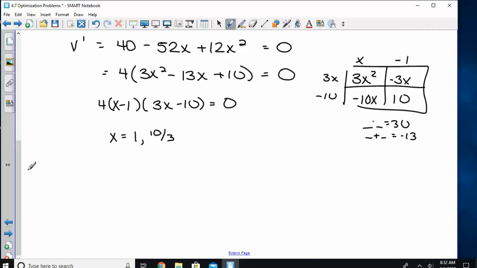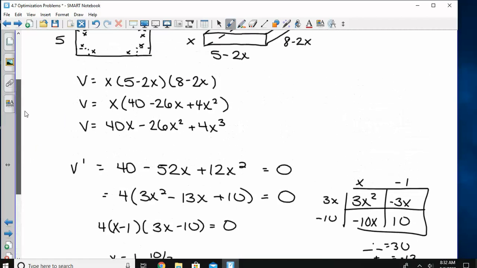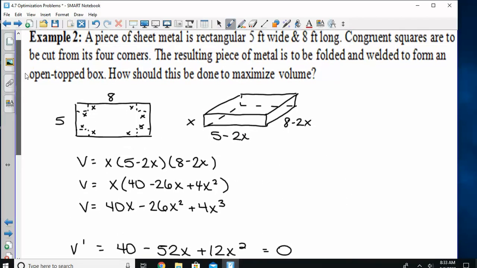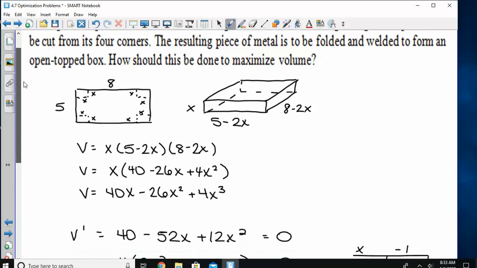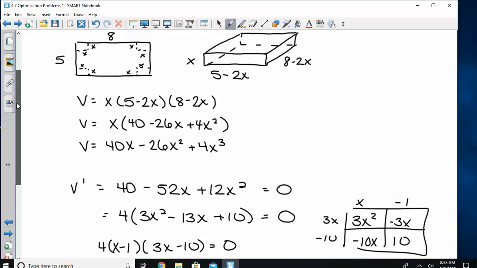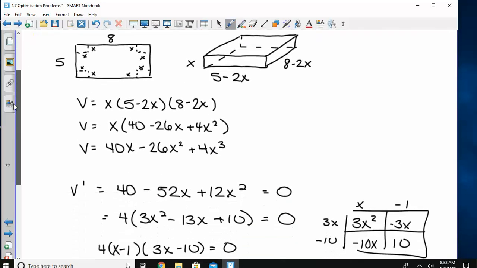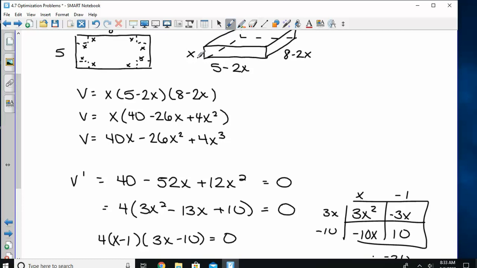If I were to let my x be 1, I wanted to find the size of the square. If x is 1, then my sides would be 1 by 3 by 6. Is that reasonable? Yeah.